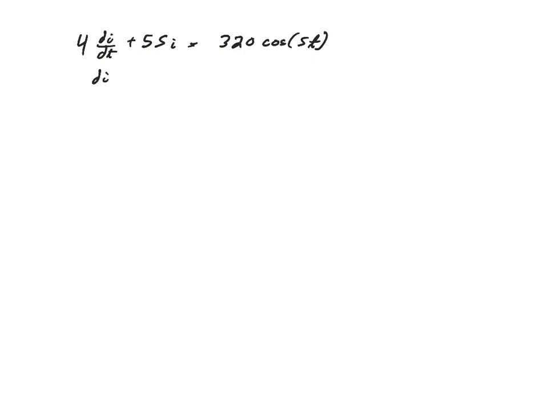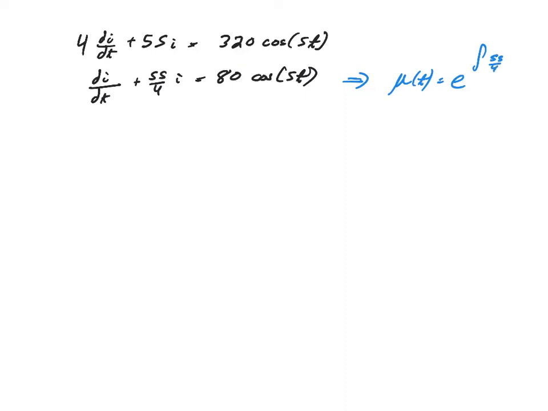So I have di over dt plus 55 over 4 I is equal to 80 cosine of 5t. So that means that my integrating factor, mu of t, is going to be e to the integral of 55 over 4 dt, which is really just going to be e to the 55 over 4t.